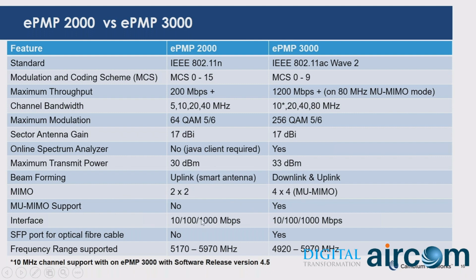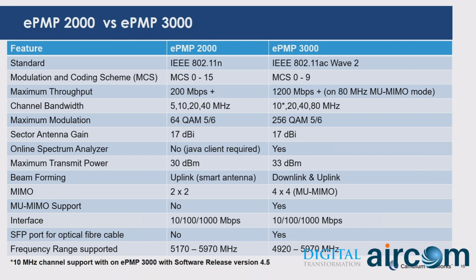Then in terms of the gigabit interface, for RJ45, we have similar numbers, one RJ45 gigabit port on both 2000 and 3000. But in addition, on the 3000, we have an SFP port, which you can use to connect your longer cable runs that are longer than the specified 100 meters for Ethernet.